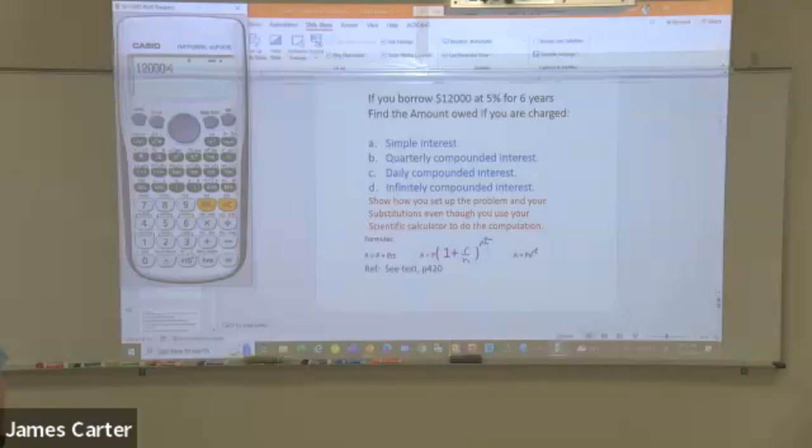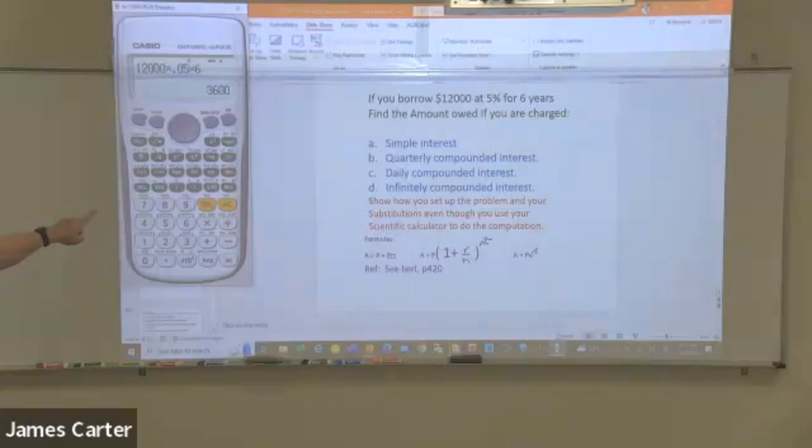What did we say? 5%, 0.05, times the time was 6 years, equals. You're going to pay $3,600 in interest. That means instead of paying back 12,000, you got to pay back 15,600. This is like a car loan.